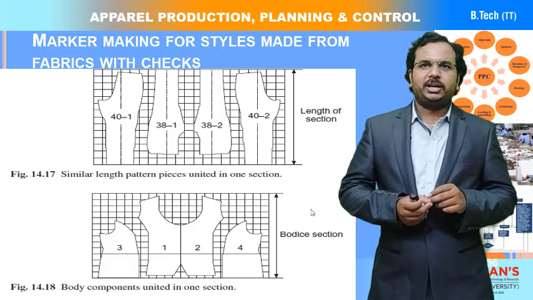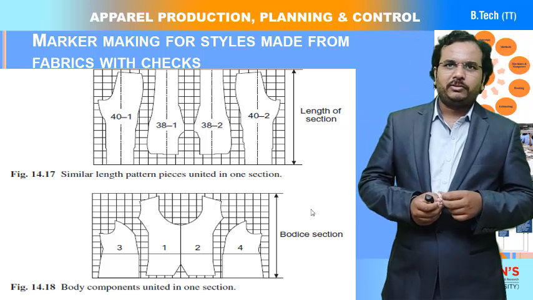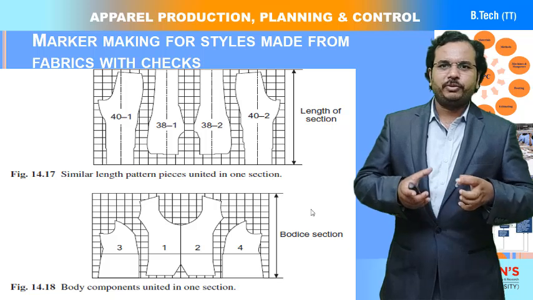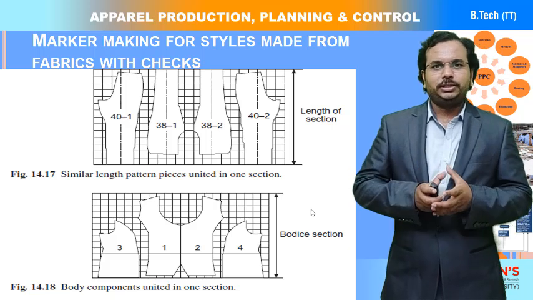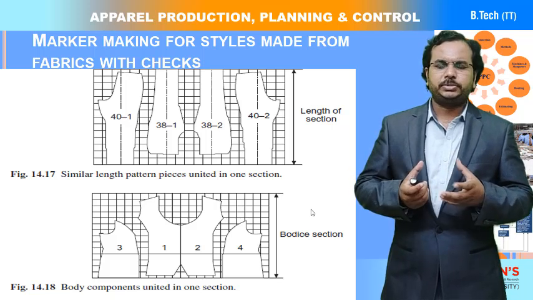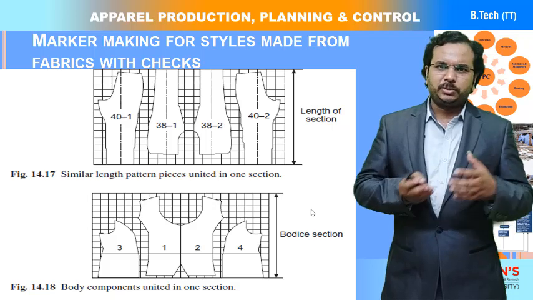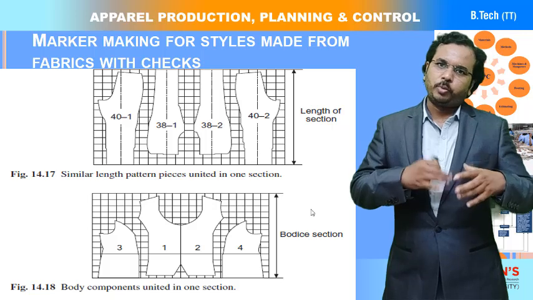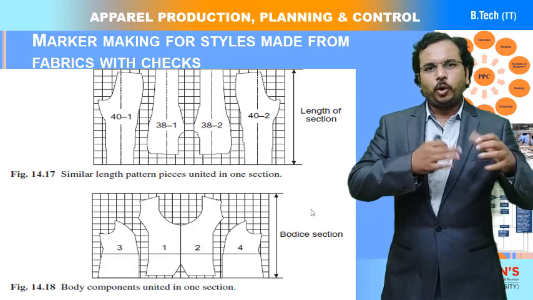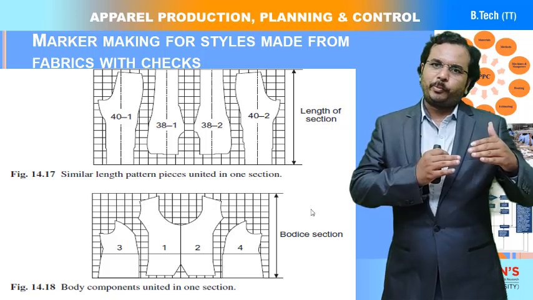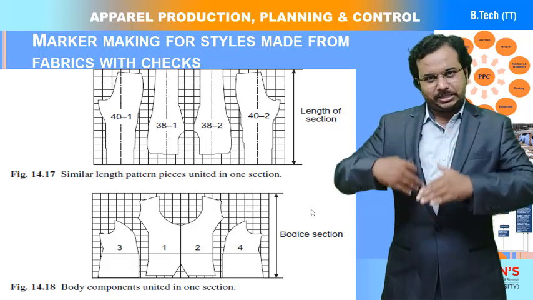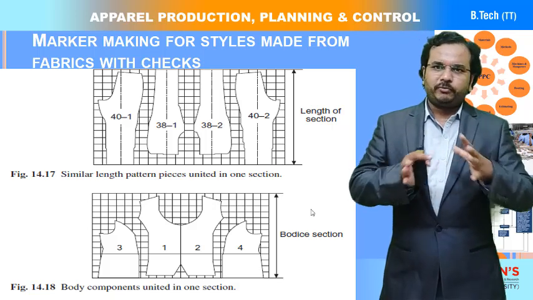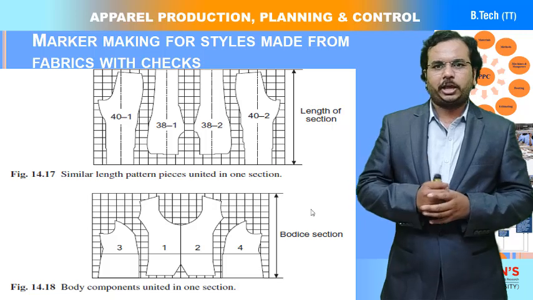And marker making for styles made from fabric with checks. If you have checks, like I told you, the check fabrics are of different types: warp wise symmetric and weft wise asymmetric, both warp wise and weft wise symmetric, both asymmetric, and warp wise asymmetric with weft wise symmetric. So there are four different types of fabrics.